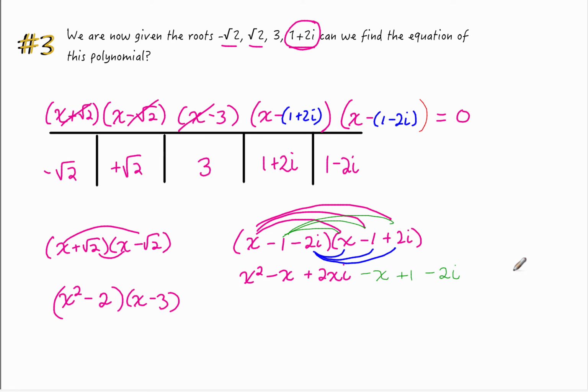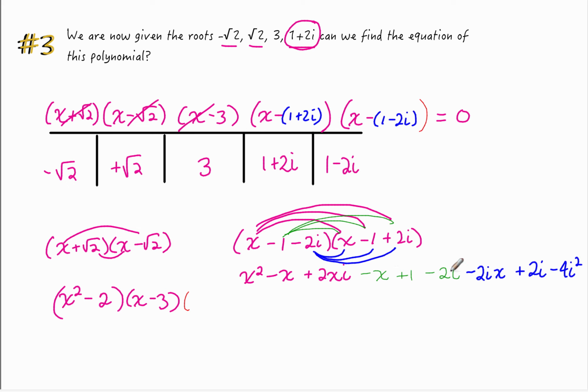See if you can see that shorter way. There is a shorter way, but I'm not going to tell you. All right, minus 2ix plus 2i minus 4i squared.